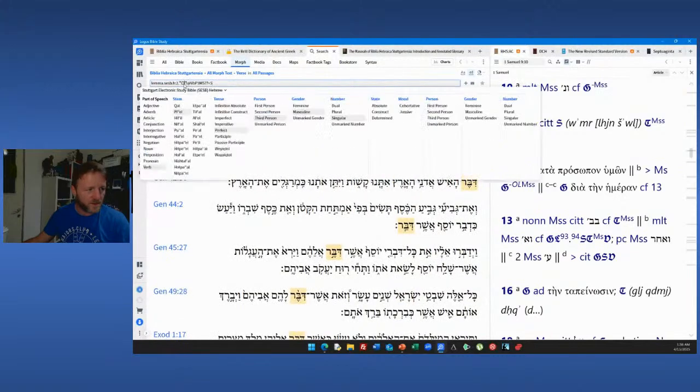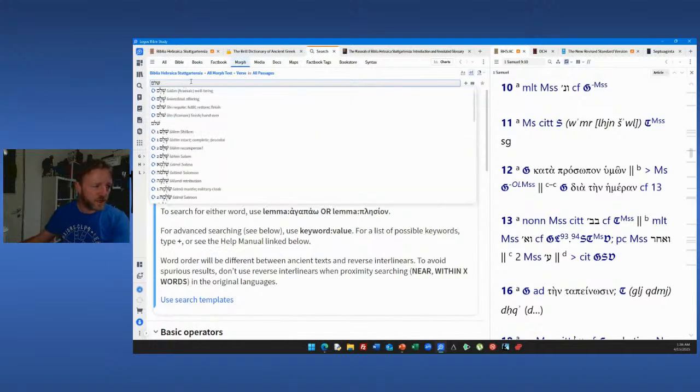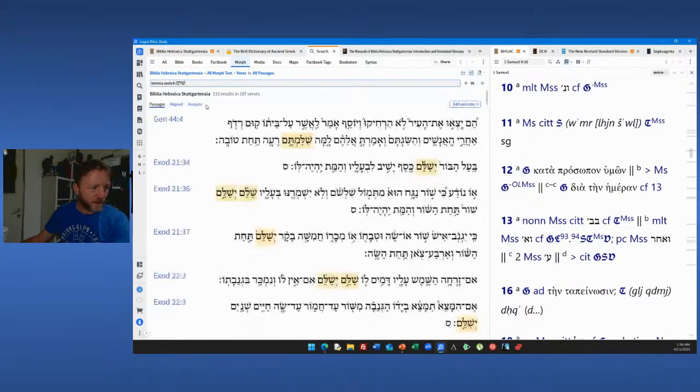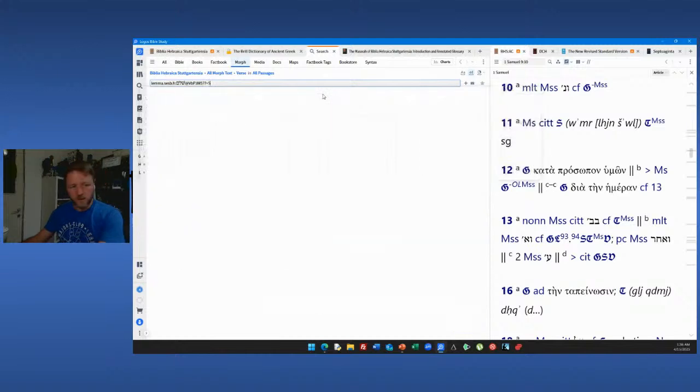If we look instead at the word for he paid, it's from the root shalem, to requite or fulfill, restore, or finish, to pay back. So we go verb, piel, perfect, third masculine singular, enter.